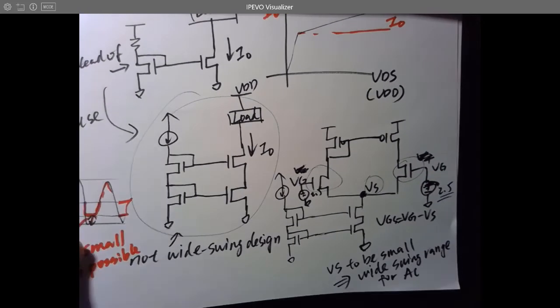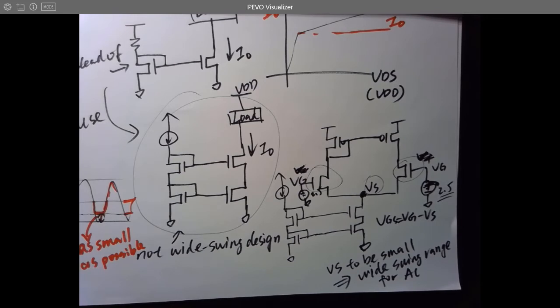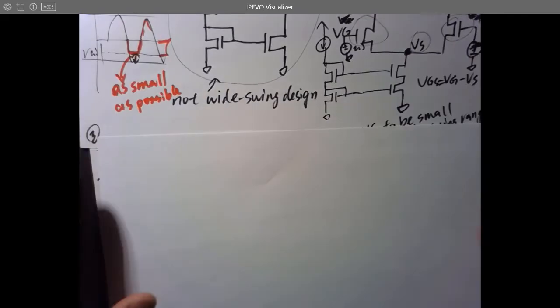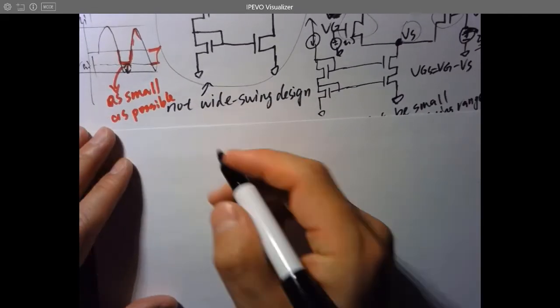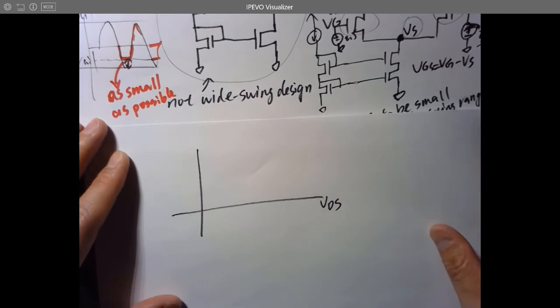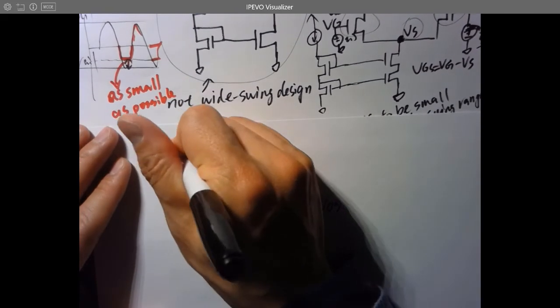So if we draw a picture of the IV curve, VDS, and that's IDS.